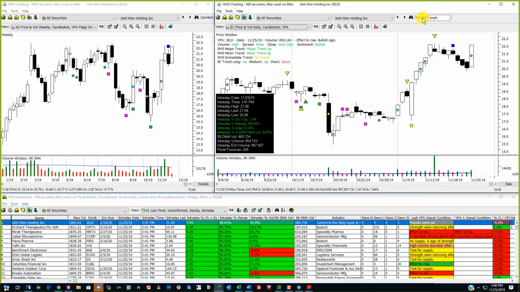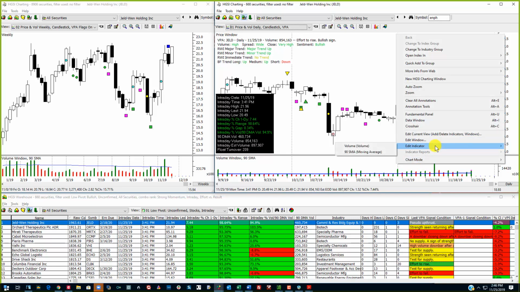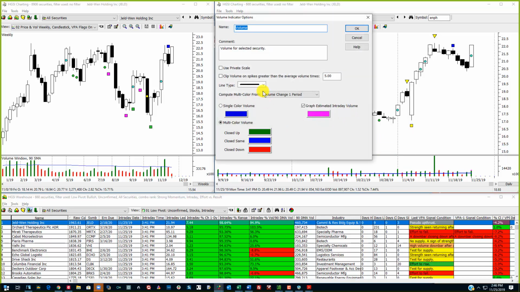Now, there was a slight update to HGSI software last week, and one of the new options is something I'm experimenting with. I always used last close or open to close for candles, but I'm changing some of the charts, and I may change all of them to a volume change one period.